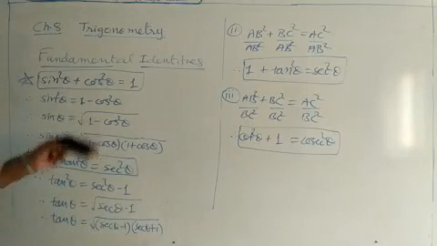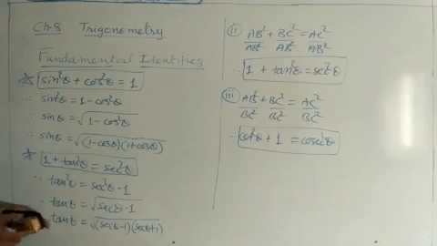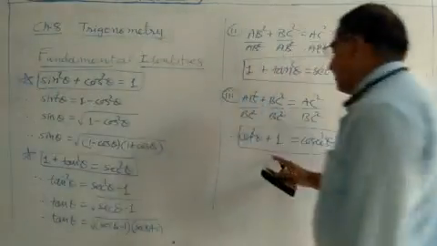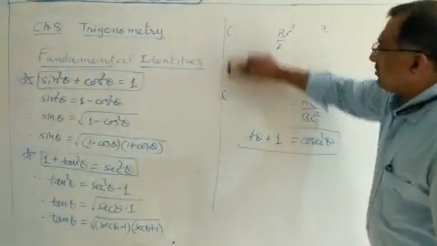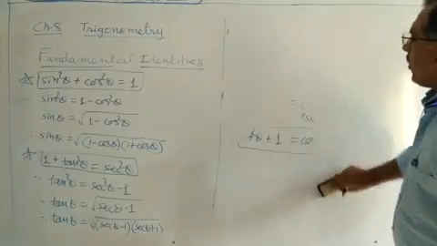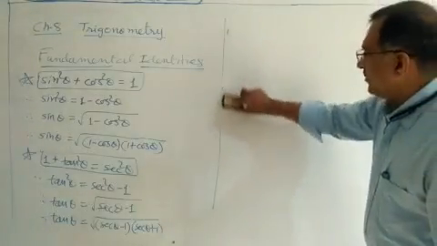Same way we can proceed for third identity, that is cot square theta plus 1 is equal to cosec square theta. Cot can be represented in terms of cosec.